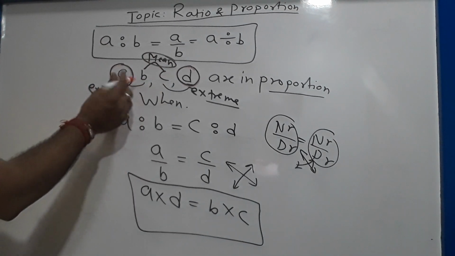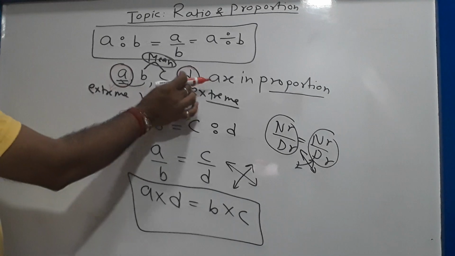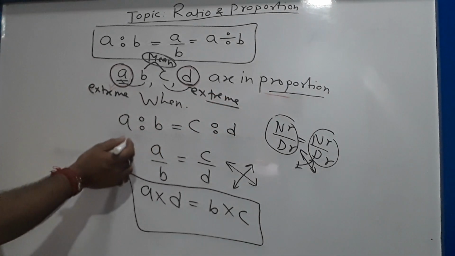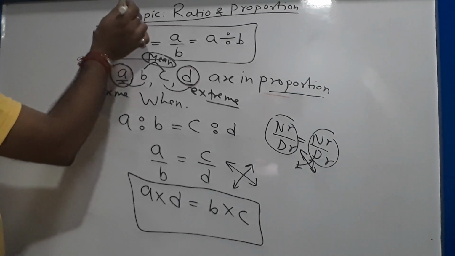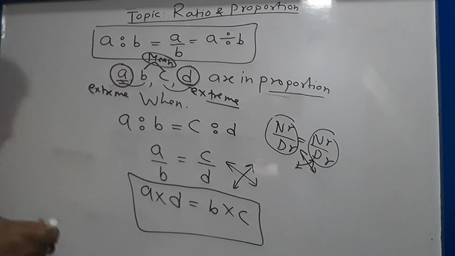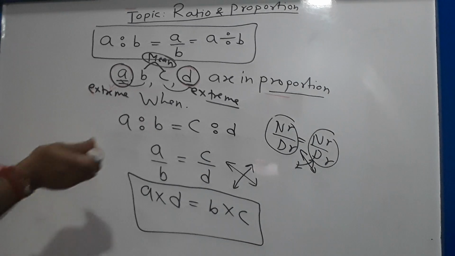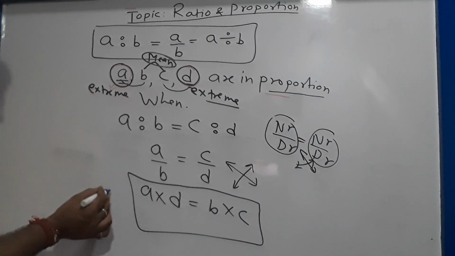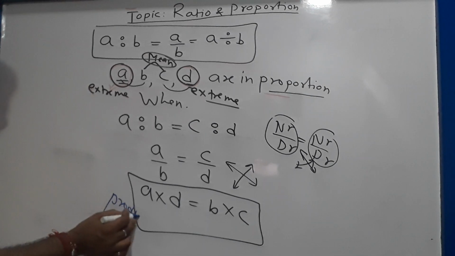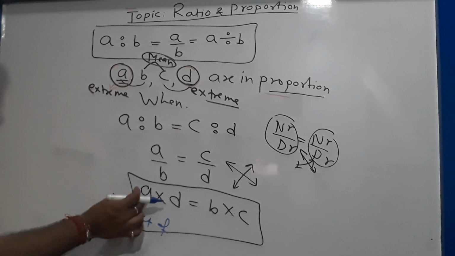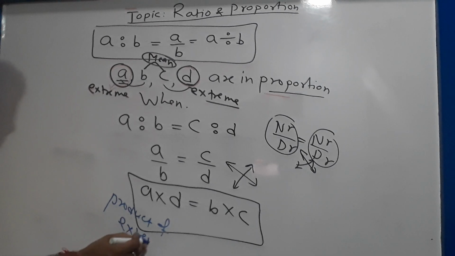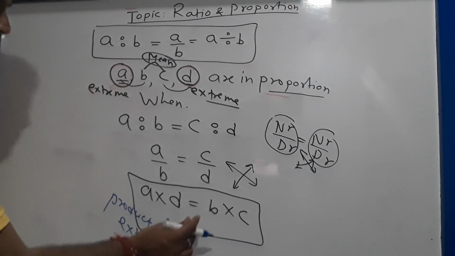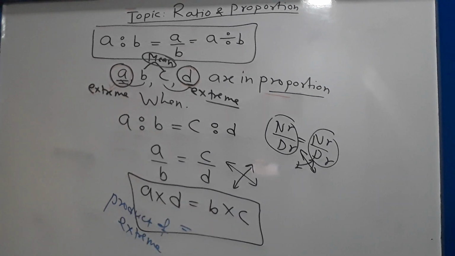So we say that four numbers A, B, C, D are in proportion when A into D is equal to B into C. A into D means product, multiplication means product. So product of A and D, the extreme values, is equal to, again cross means multiplication, product of B and C, the means.